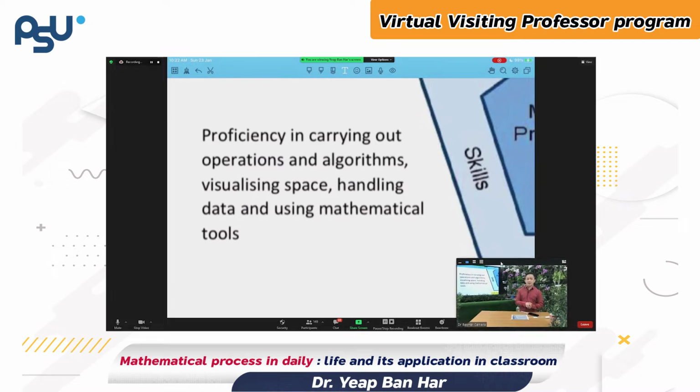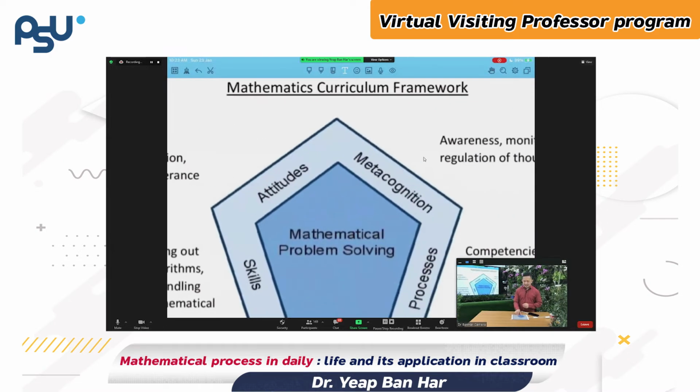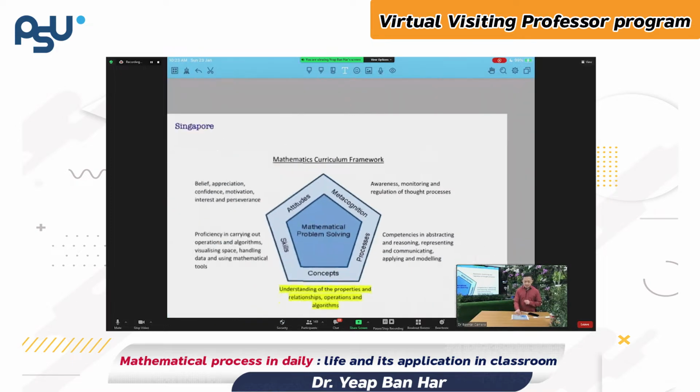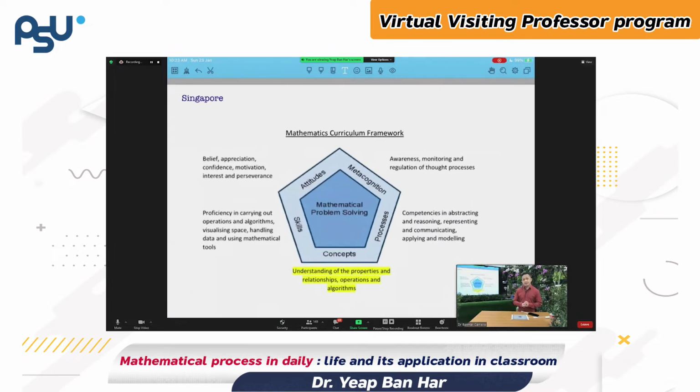So in the Singapore curriculum framework, those are explained as skills. And then there is metacognition, being able to monitor one's thinking, being able to regulate one's thinking. So these are some aspects of the Singapore mathematics curriculum framework.